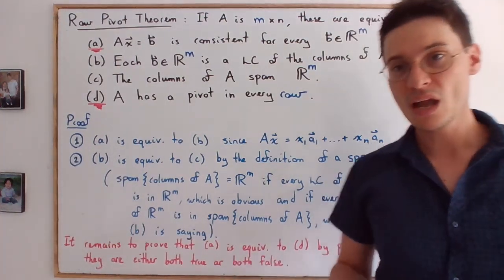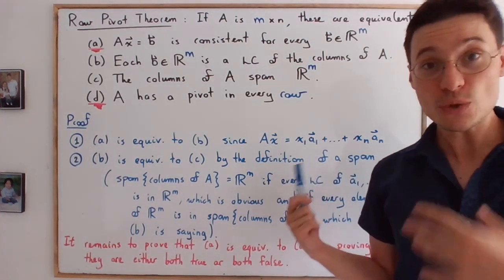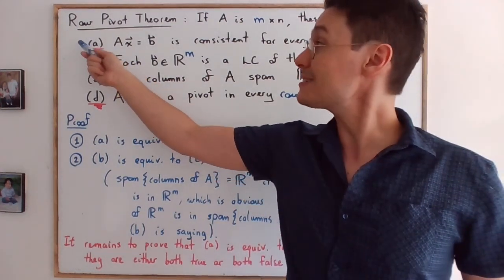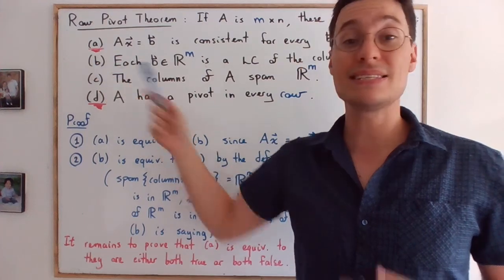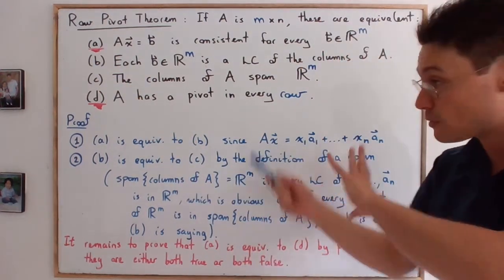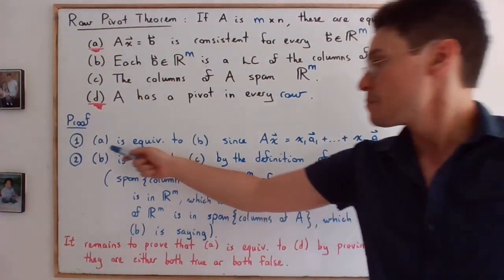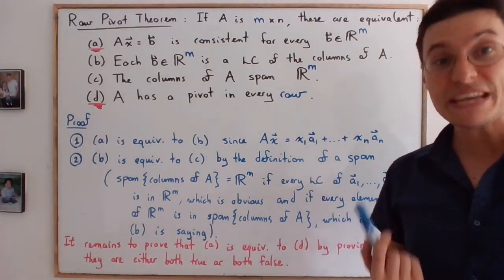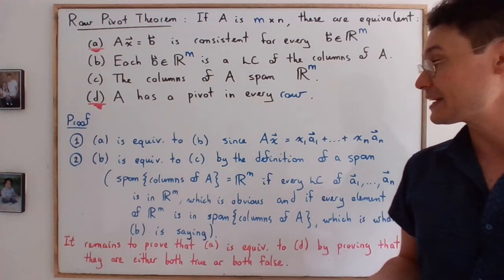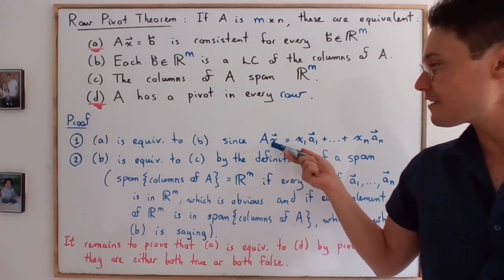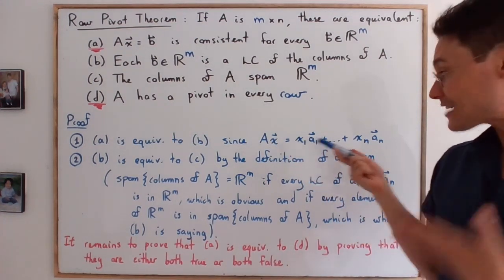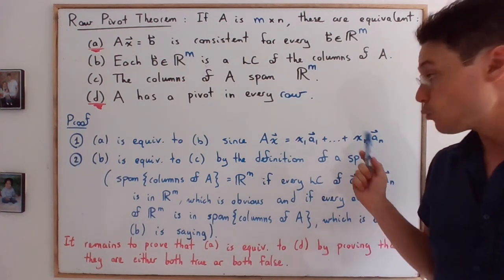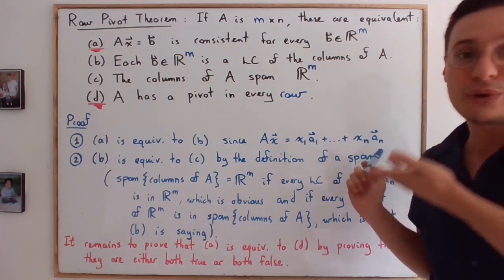I will shorten the proof just by telling you how we can easily establish that A, B, and C are equivalent. That's what I wrote over here. A is equivalent to B just by the definition of matrix vector multiplication. The multiplication of A with x is actually the linear combination of the columns of A with weights x1 to xn.